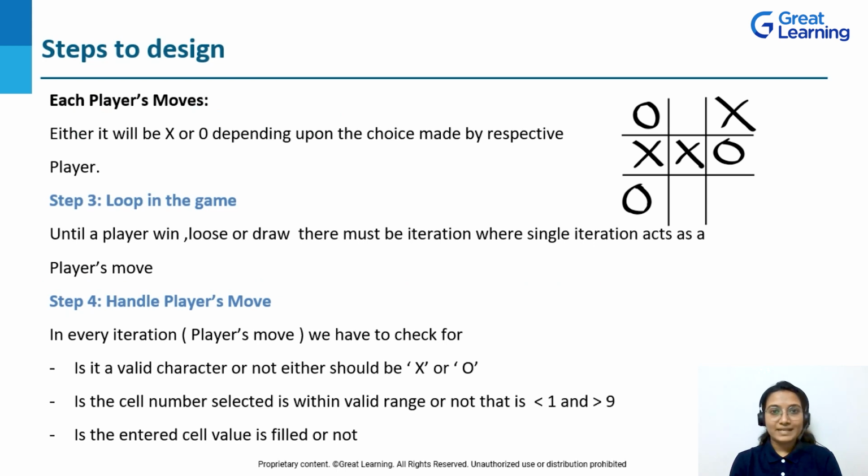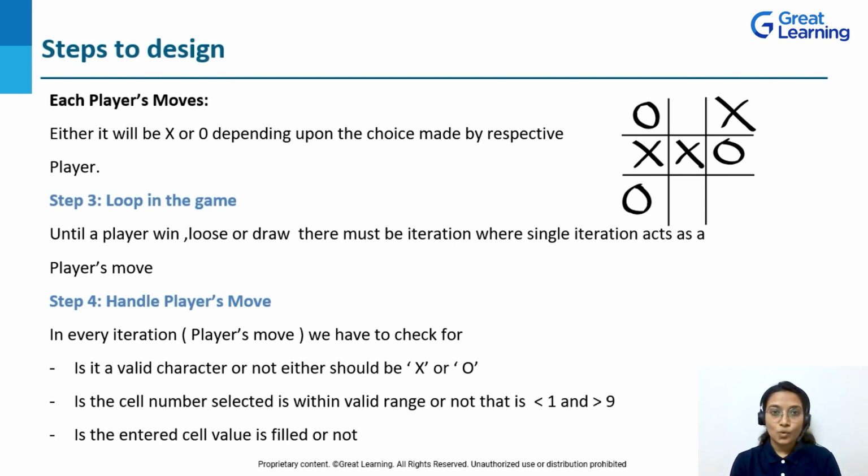Every player's move, either it will be X or O depending upon the choice made by that player at the starting of the game. If player 1 chooses X, then player 2 obviously has to take O. If it is O at the end of player 1, obviously it is X at the end of player 2. So we have to keep track of each player's move. In step 3, we should know what is the loop of the game.